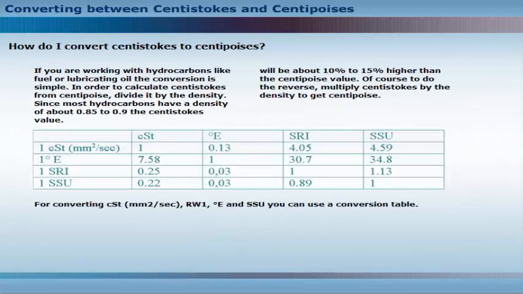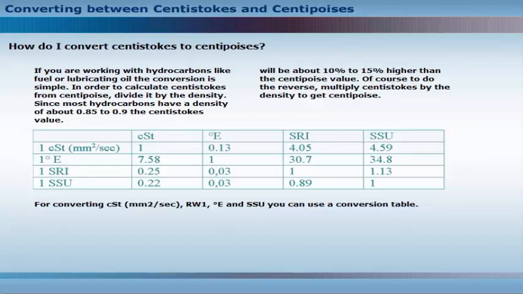One commonly asked question is, how do I convert centistokes to centipoises? If you are working with hydrocarbons like fuel or lubricating oil, the conversion is simple. In order to calculate centistokes from centipoise, divide it by the density.